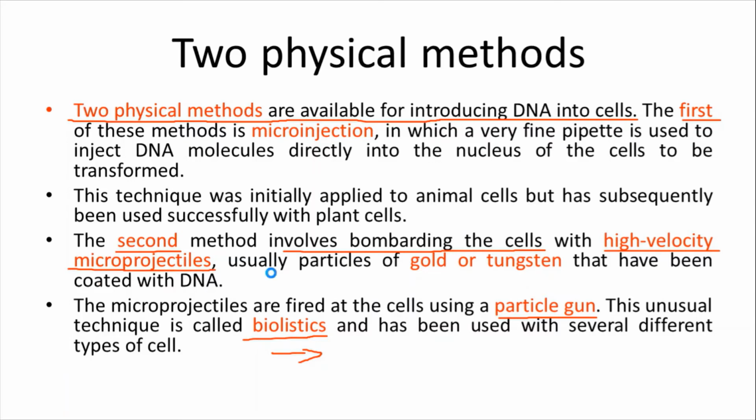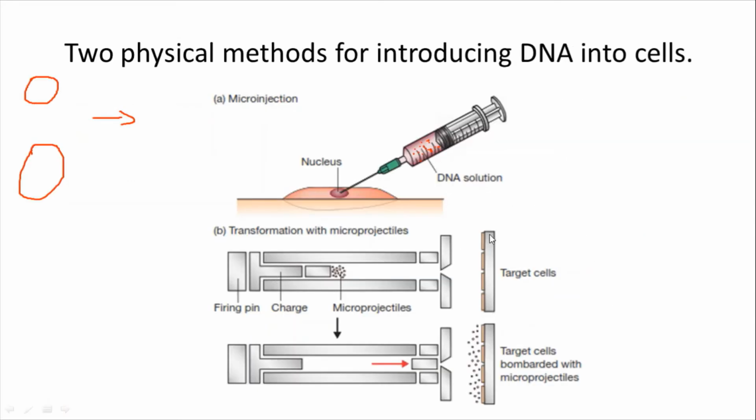The cells are fixed using some adhesives. Then this looks like a piston. Here our gene of interest, the recombinant DNA molecule, is placed. A high velocity piston immediately strikes this section, and the recombinant molecule bombards the cells.